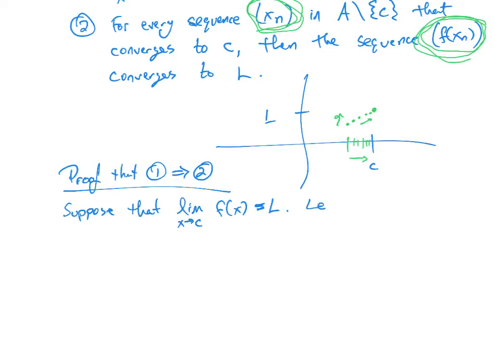So let us take one of those sequences. So let Xn be a sequence in A minus C that converges to C.